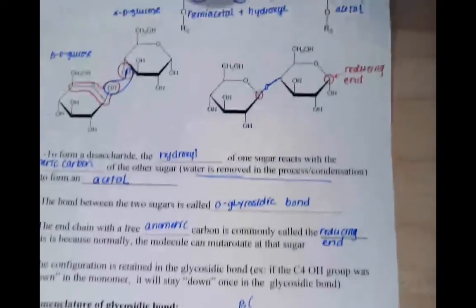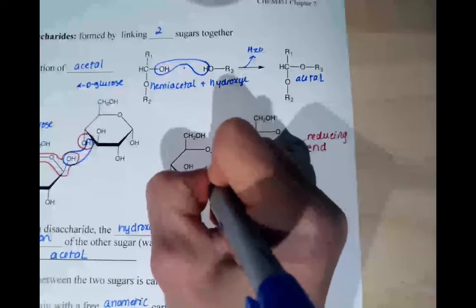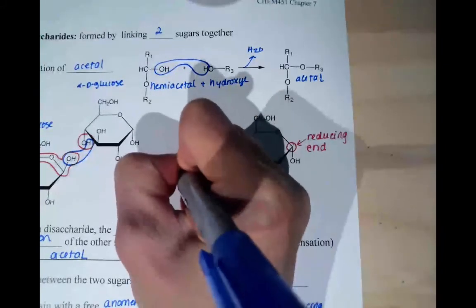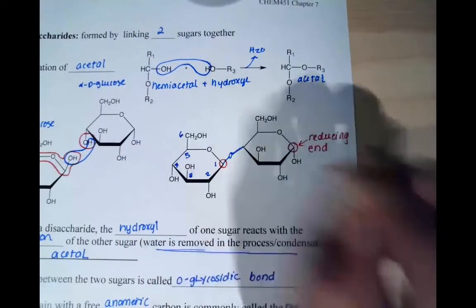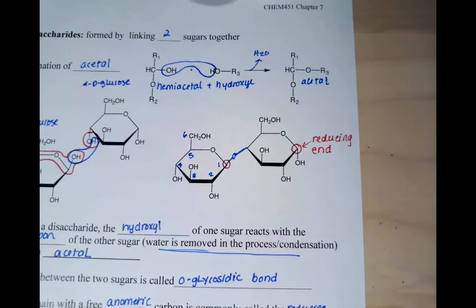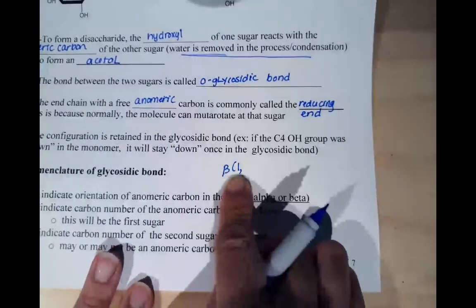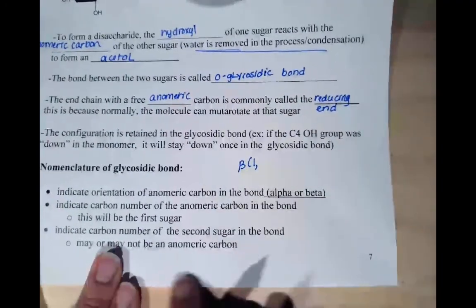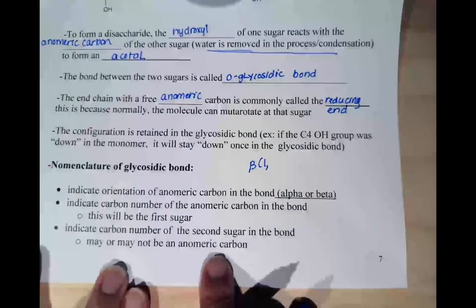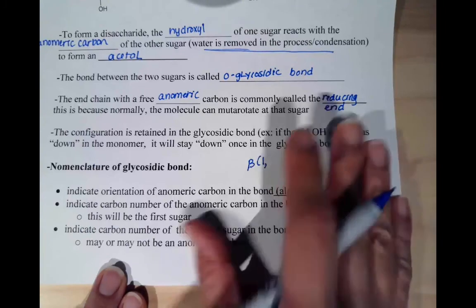So here's our sugar. Here's carbon number 1, 2, 3, 4, 5, 6. So since that's carbon number 1, I added a 1 here. And then we also want to indicate the carbon number of the second sugar in the bond. This may or may not be the anomeric carbon.